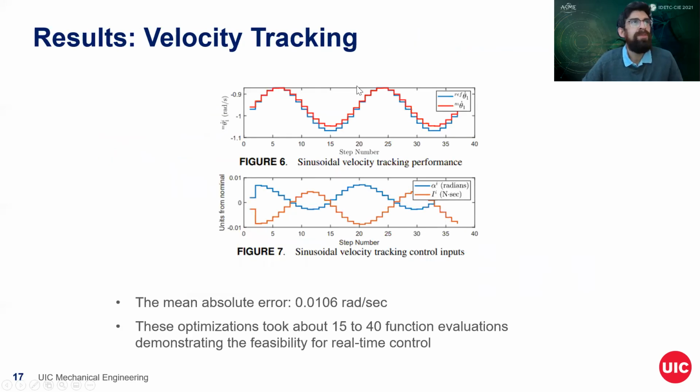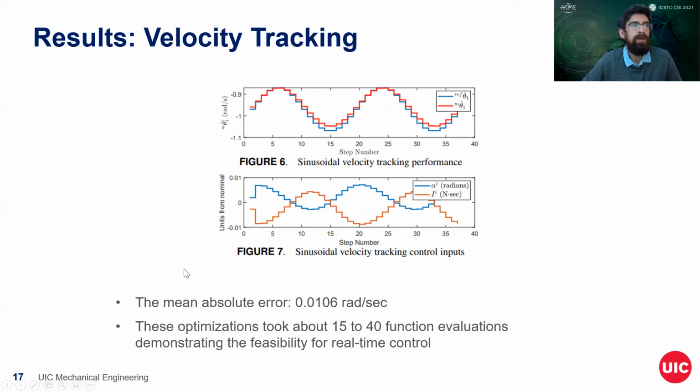And these are some of the results that we obtained from velocity tracking. The plot on the top shows a reference velocity in blue and the track velocity in red. And then the plot on the bottom shows how our control inputs are changed to achieve the tracking, where our foot strike angle alpha is shown in blue and our impulsive push-off is shown in orange.